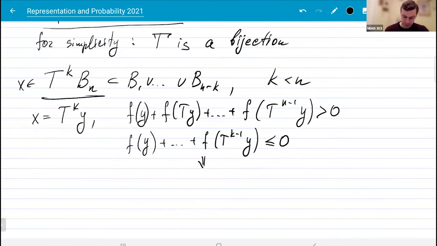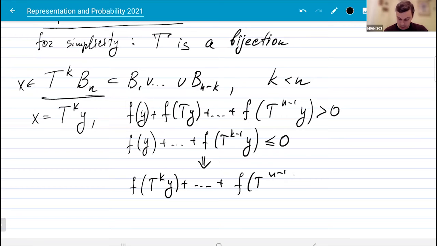Therefore, we have that the sum from the number k to the end is also positive, because we just subtract some non-positive part, and therefore this is even more positive than the previous one.